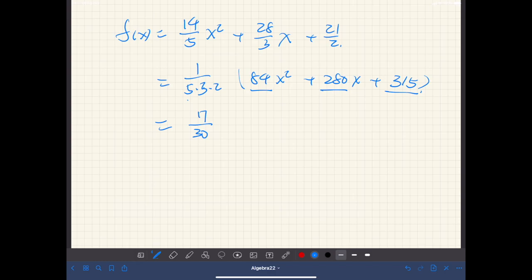So this would be 12, 40, and 45. The greatest common divisor of these three integers is 1, so this polynomial has content 1. Therefore it is a primitive polynomial.